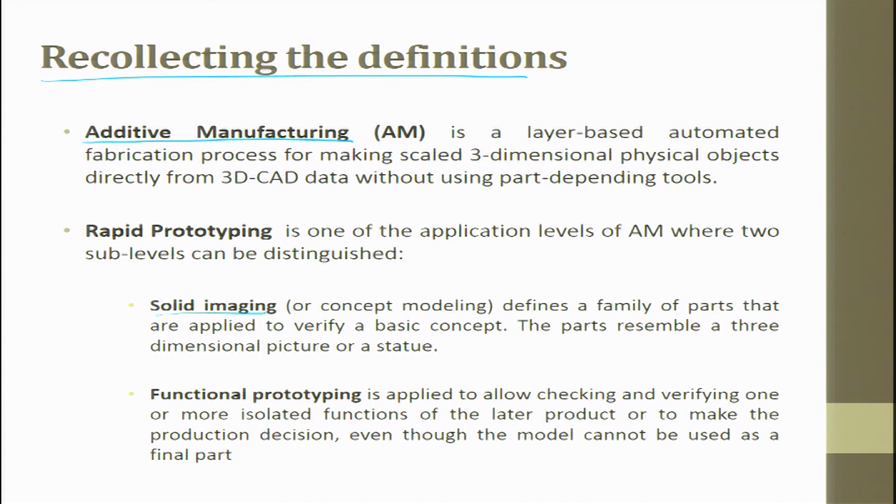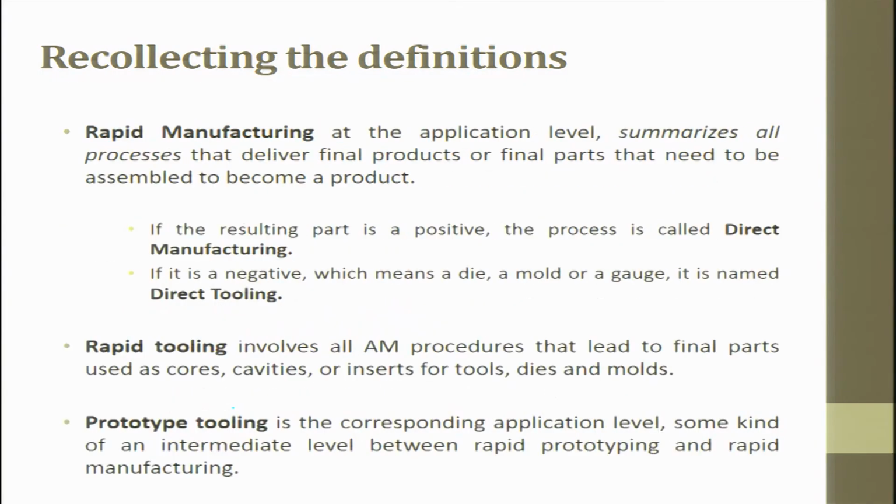So, this is solid imaging. A functional prototype is applied to allow checking and verifying one or more isolated functions of the later product or to make the production decision even though the model cannot be used as a final part. Those prototypes are called functional prototypes. So, these are under prototyping techniques.